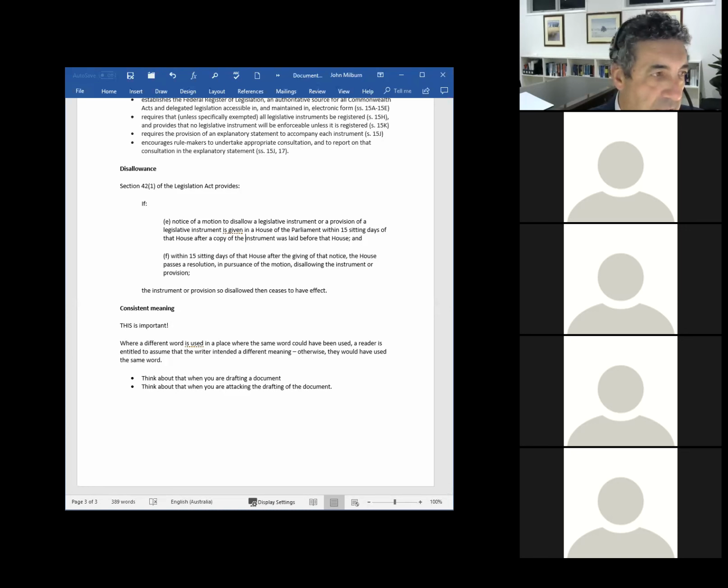And I think I stressed this last week as well. So think about that when you're drafting a document, and think about that when you are attacking the drafting of a document. So in assessing your work, I'm not the enemy by any means, but I will be looking at the work critically, and I'll be looking to ensure that you maintain consistency in language and format.